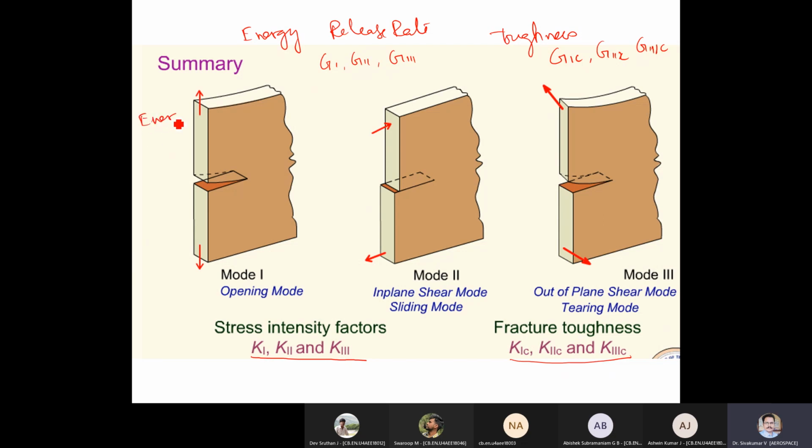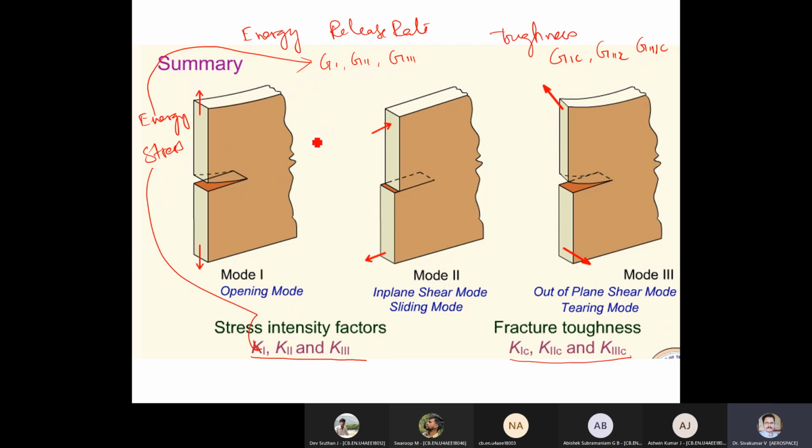I told you at the very beginning, there are two approaches in fracture mechanics. One is the energy approach, another one is the stress based approach. Once you design for the energy based approach, you have to go with the energy release rate failure criteria. When you go with the stress mode, your failure you have to specify through the stress intensity factor.